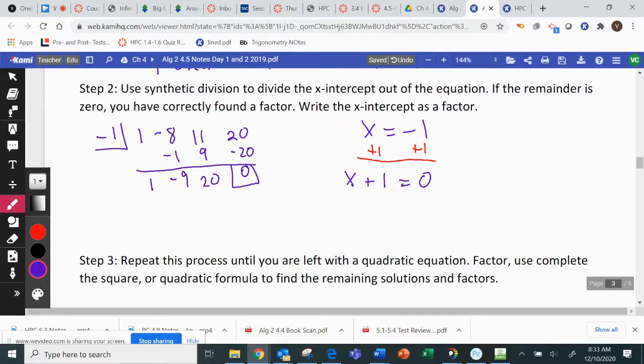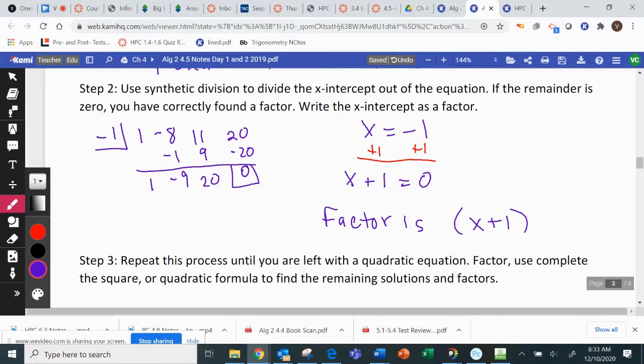That's the opposite of what we did when we were solving for x. We're kind of unsolving for x. We're making it into the factor. So our factor, once it says equals 0, is x plus 1.